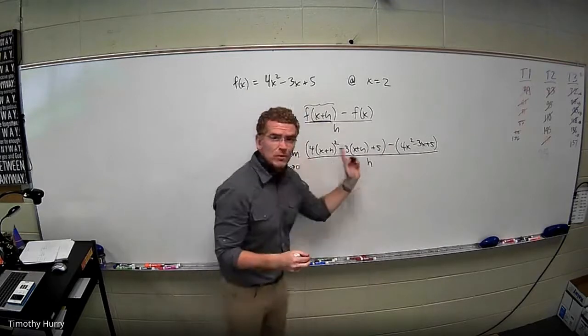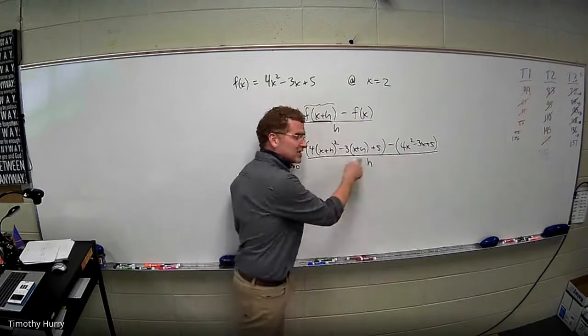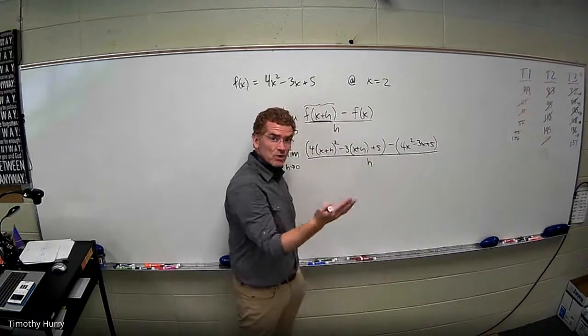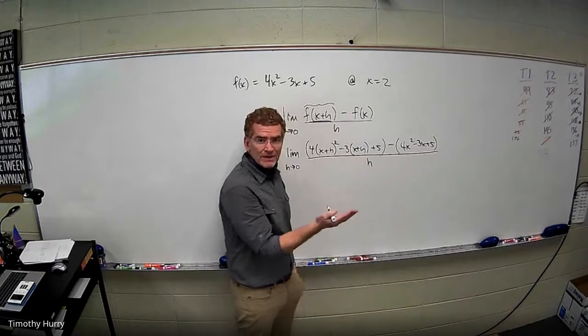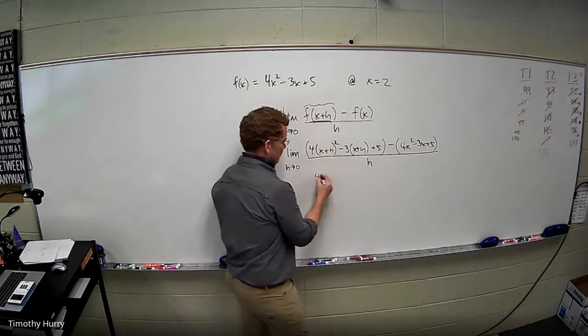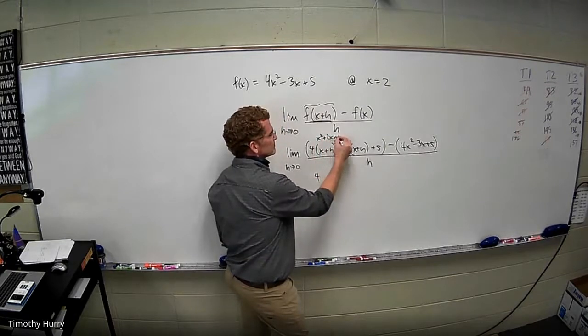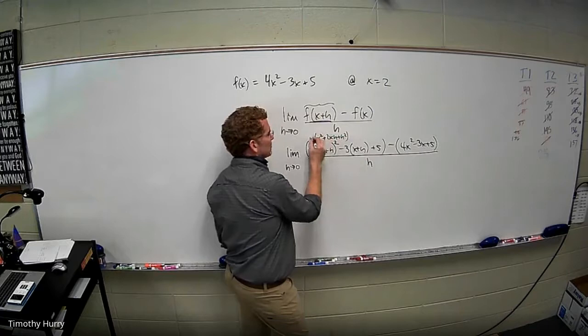So what I'm going to do is FOIL it all out, cancel everything, and I bet there's a common factor of h that I can cancel like I normally do with holes, and then I'd be able to do it, right? So right here, if I do this, I'm going to get 4. I'm going to FOIL that and multiply the 4 in.